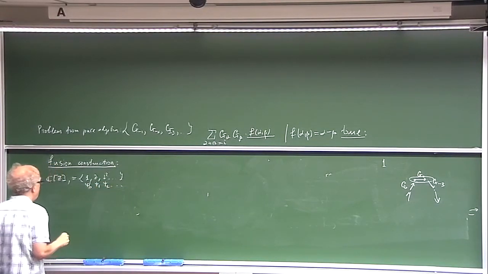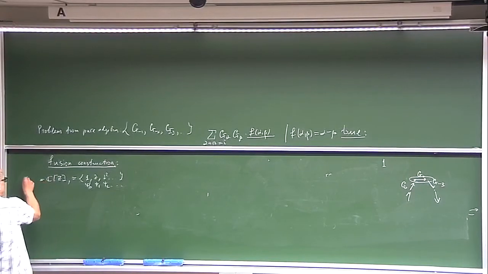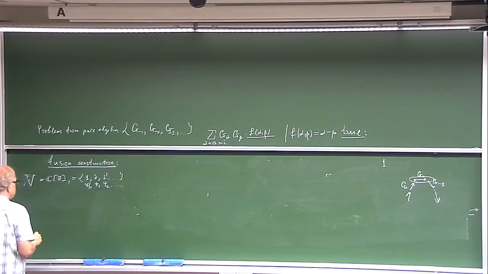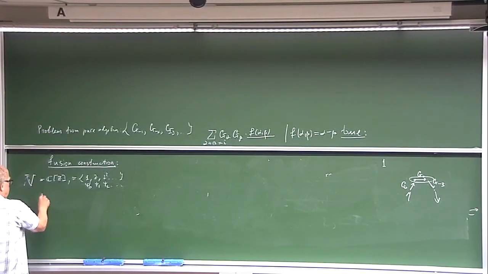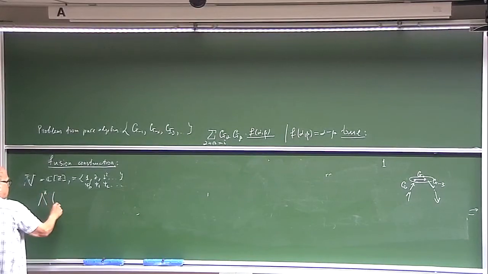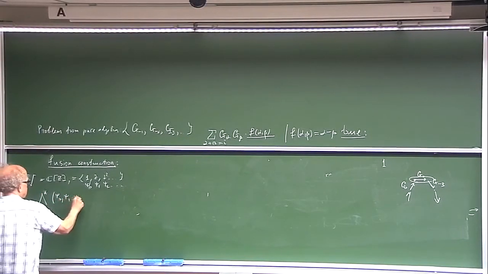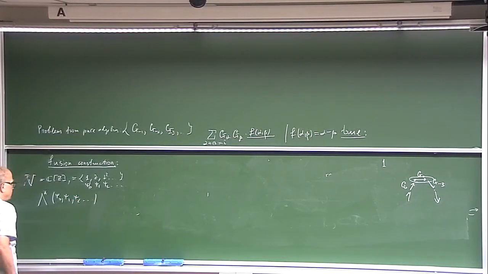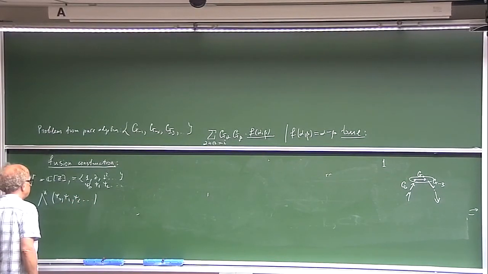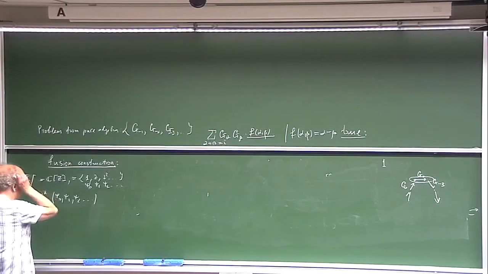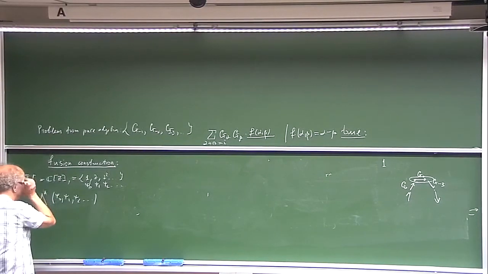And this is V. Let me consider the Grassmannian algebra generated by V. In some notation it is like this: psi 0, psi 1, psi 2, and so on. Let me just take this skew-commutative algebra.